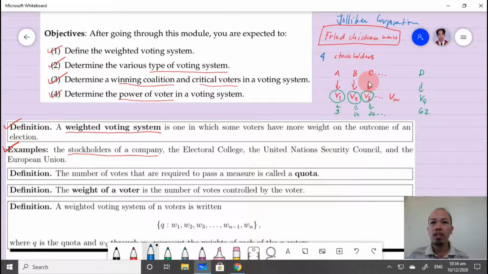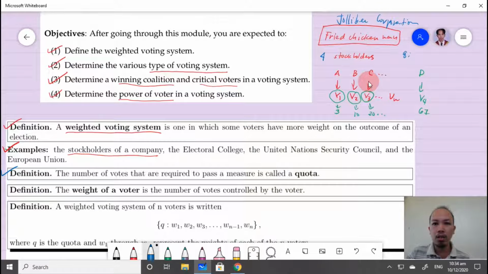If you want to pass a measure, the number of votes required to pass a measure is what we call the quota, denoted by the letter Q. The quota is usually calculated by dividing the number of voters by 2, plus 1.